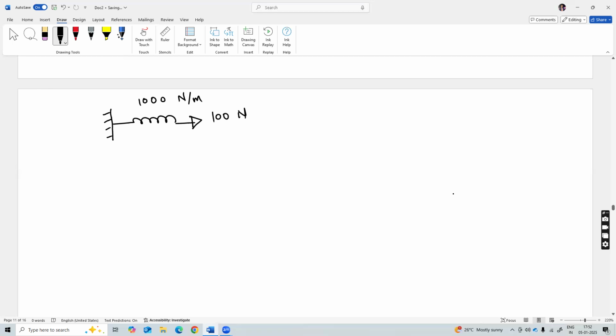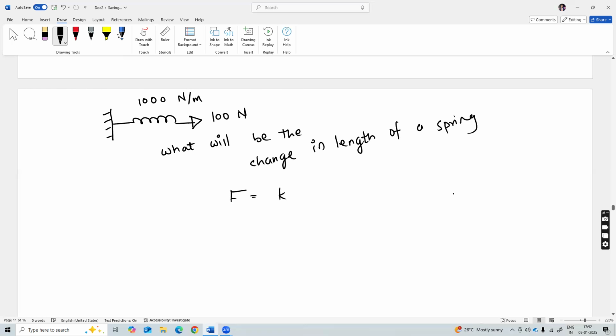What will be the change in length of the spring? We know that F is equal to kx. Here F is 100, k is 1000, and x is unknown. So x will become 0.1 meter. This is the change in length.